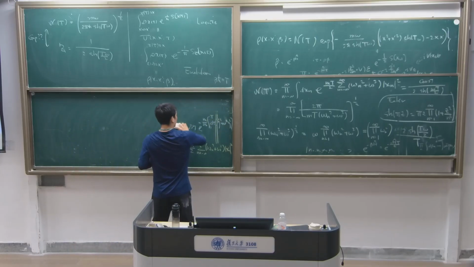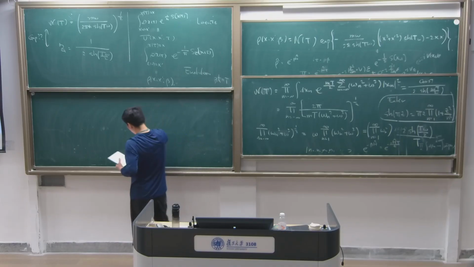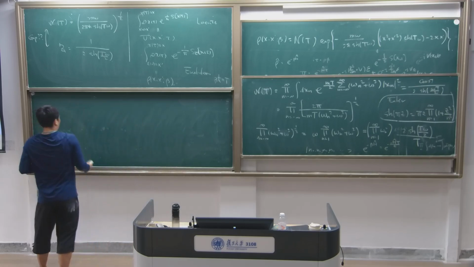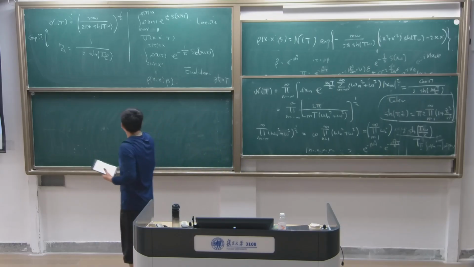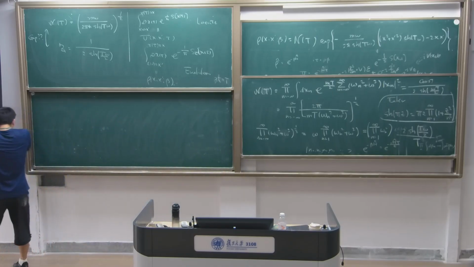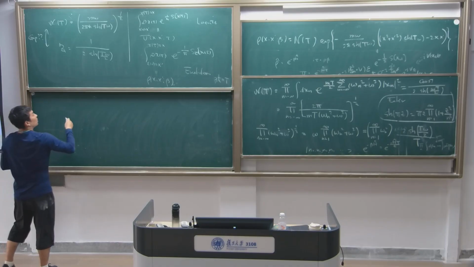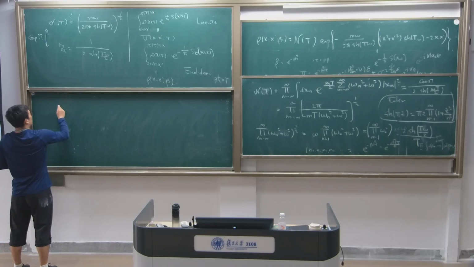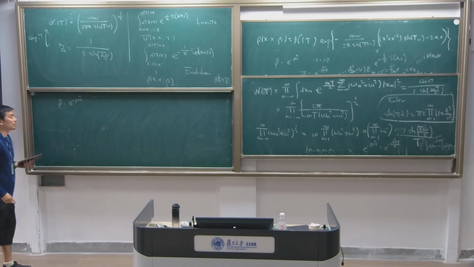I secretly introduced this before I explained it. That's why I use rho. So rho, if the symmetry is by e to the minus beta h hat, is the canonical density function.